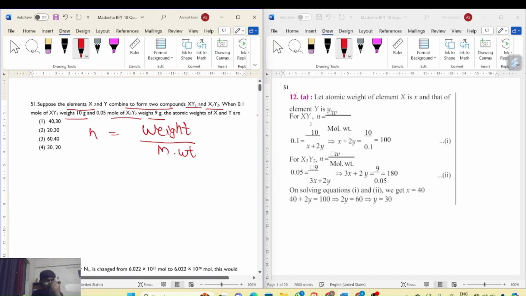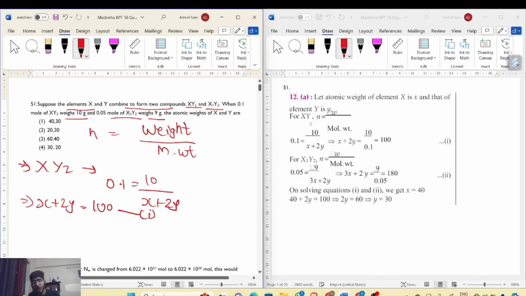Now we are given two equations. For the first compound XY2, number of moles is 0.1 and weight is 10 gram, and the molecular weight will be X plus 2Y, because we have one component of X and two components of Y. Solving this, X plus 2Y is equal to 10 divided by 0.1, so X plus 2Y is equal to 100. This is our equation number 1.